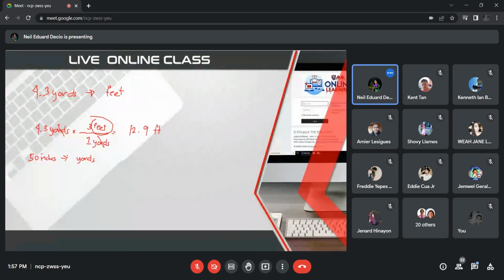But we can also go through feet. So for instance, let's go through feet first. So 50 inches, multiply that by, inches here. How many inches of feet?